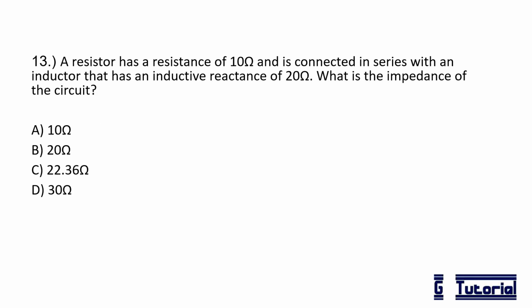A resistor has a resistance of 10 ohm and is connected in series with an inductor which has an inductive reactance of 20 ohm. What is the impedance of the circuit? Here, as we have done before, the impedance Z is given by root of R square plus X square.